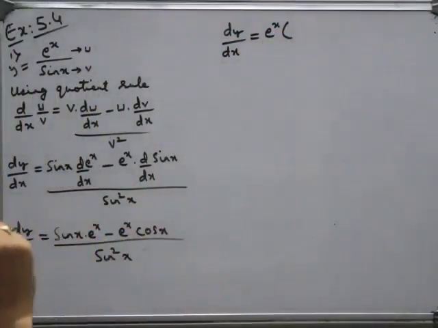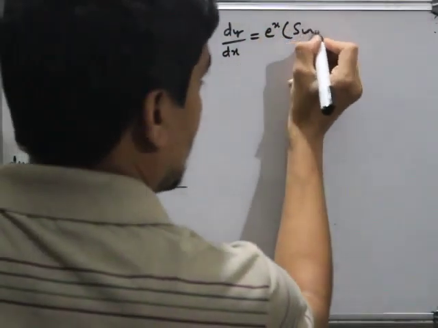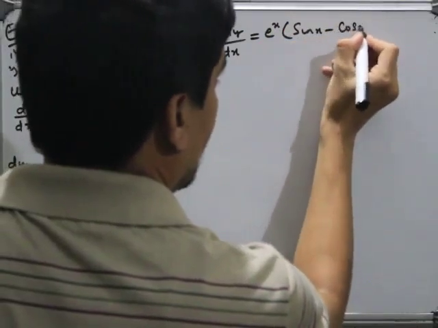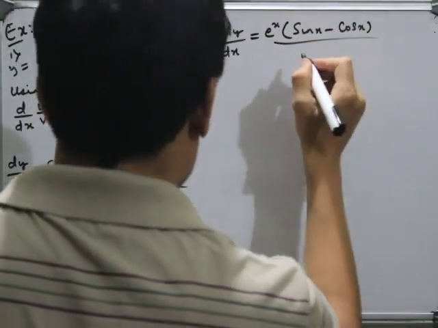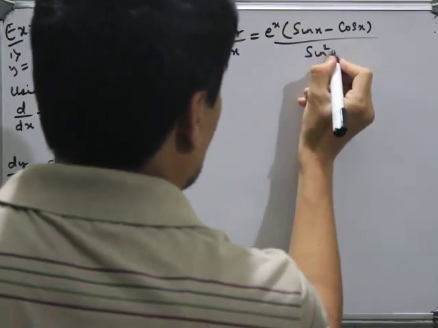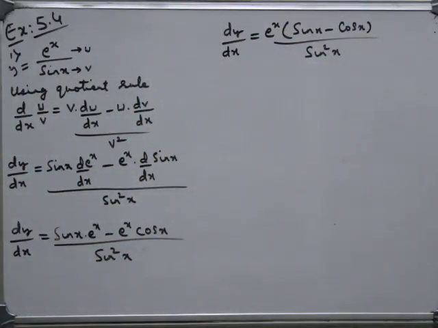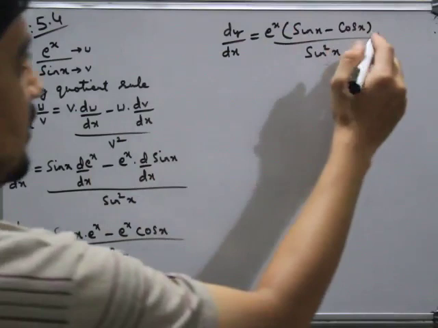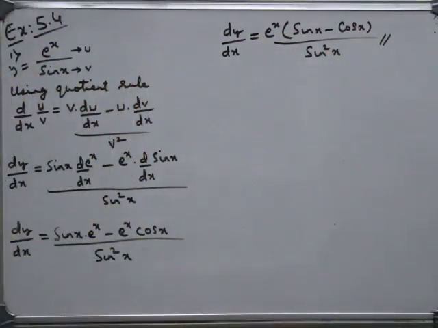Now sin x minus cos x will be left after we take common, so write it as it is, divided by sin square x. Now this is your final answer. This is how you have to solve. So first, what did we do? We used the quotient rule, and then we differentiated, and then in the end we simplified the differentiated answer to get the final solution.